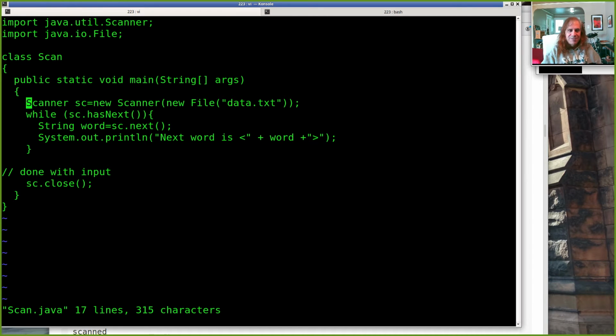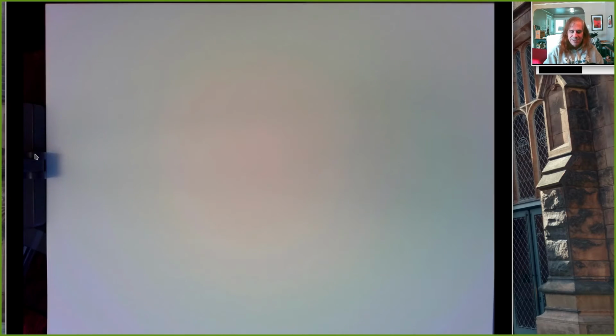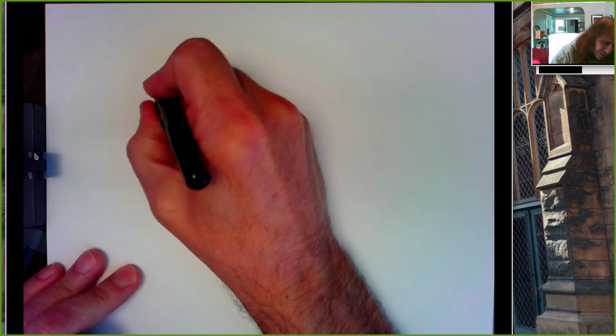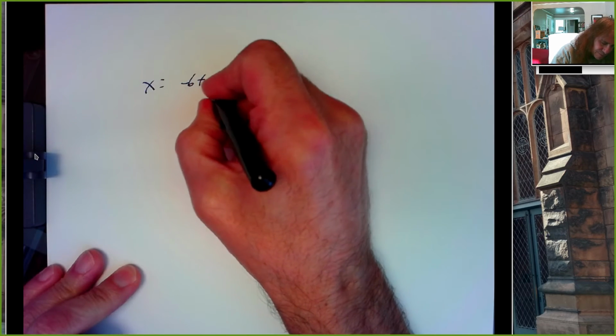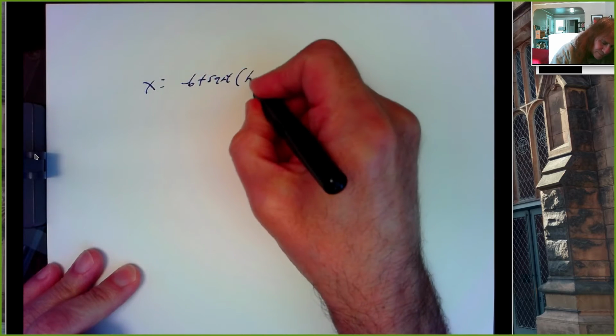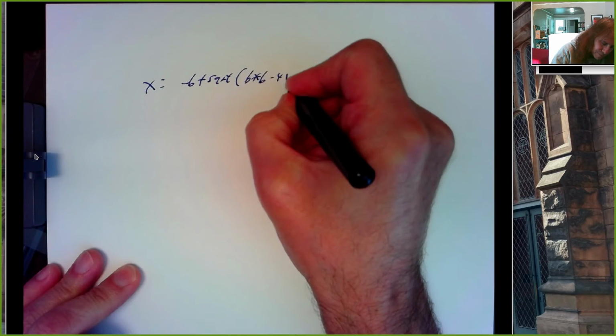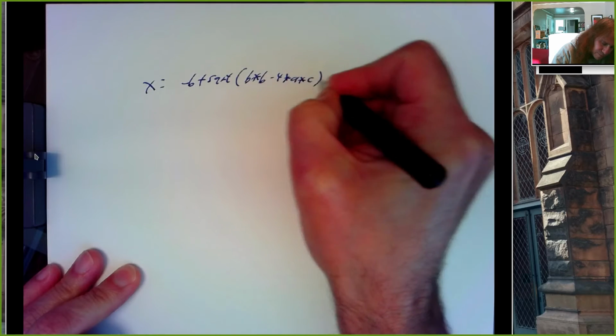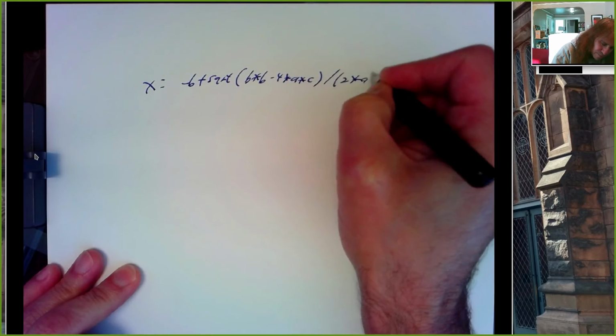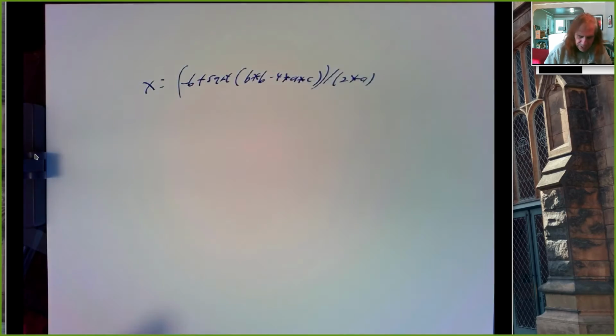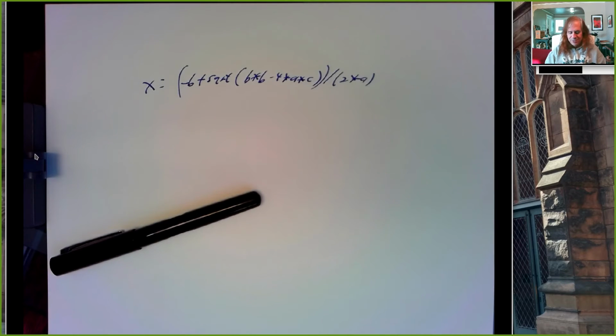For example, every time that I calculate a quadratic formula, right? So I want to calculate the root of an equation. Before I do this, I could put an if statement.